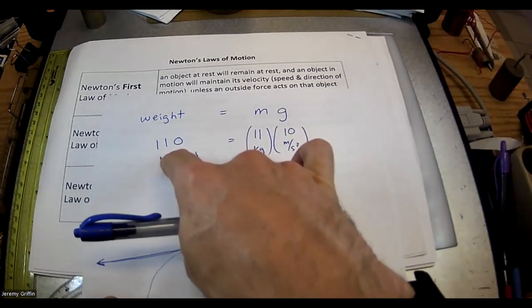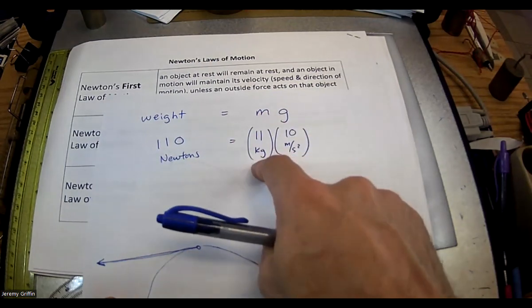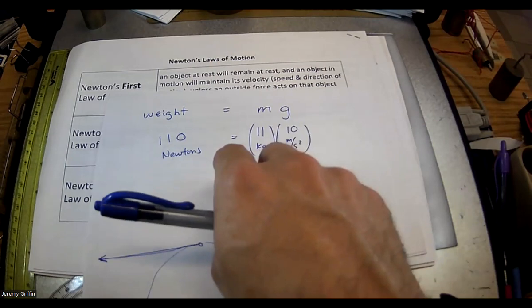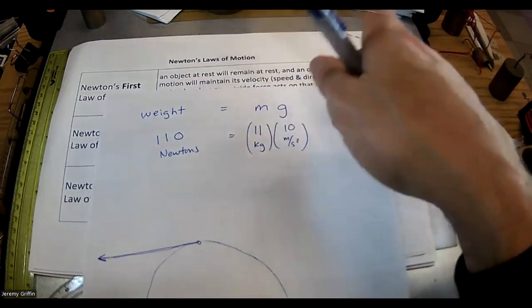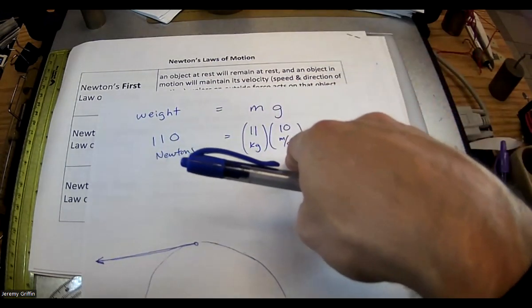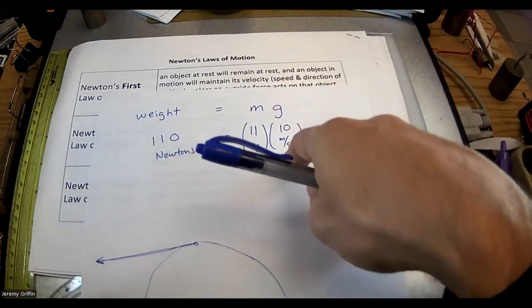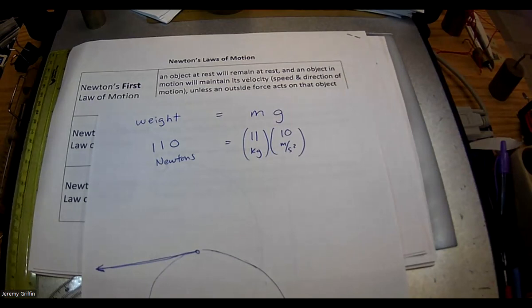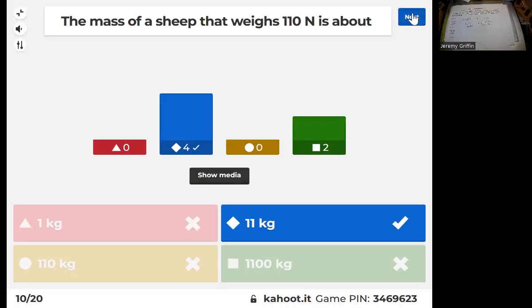So you just do 110 divided by 10, and you get 11 kilograms. Okay, you guys can switch back and forth between mass and weight. Right, in the metric system, it's real easy because just by sheer luck, free fall gravity is really close to 10 meters per second squared. Right, so to go from mass to weight, you multiply by 10. To go from weight to mass, you just divide by 10. And the corresponding units.